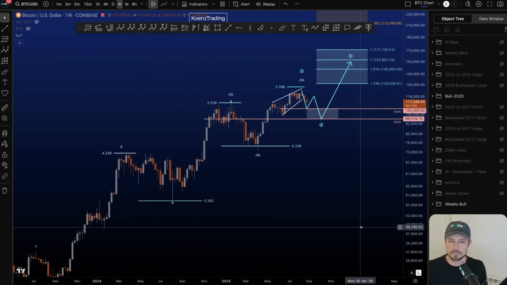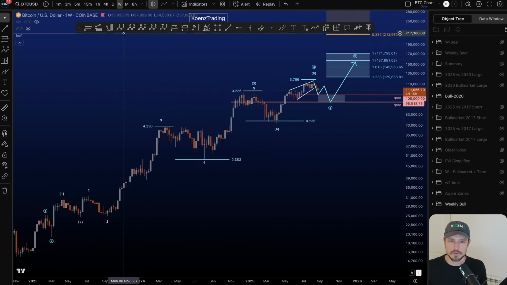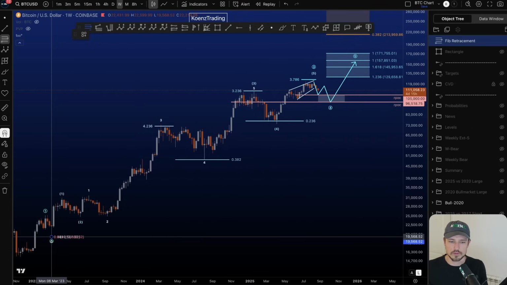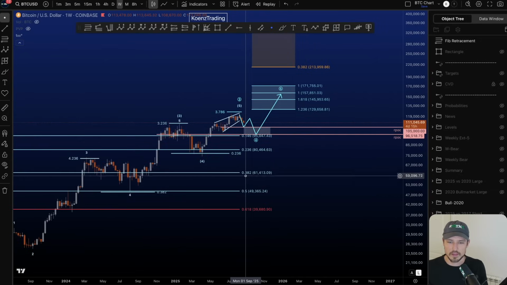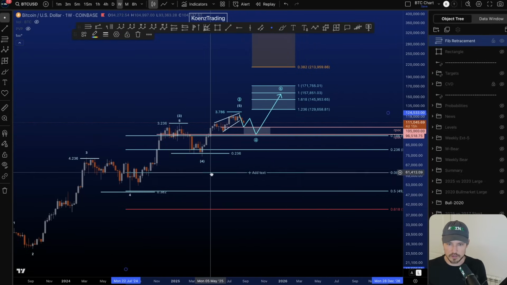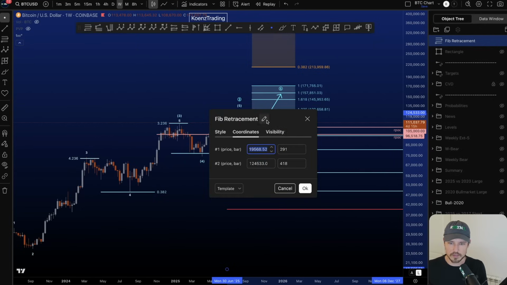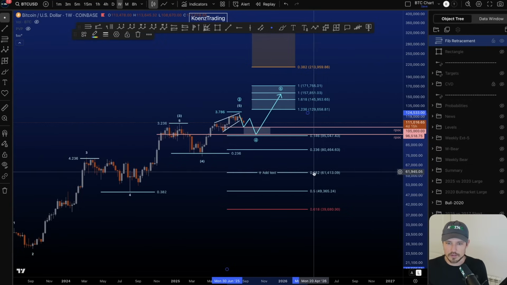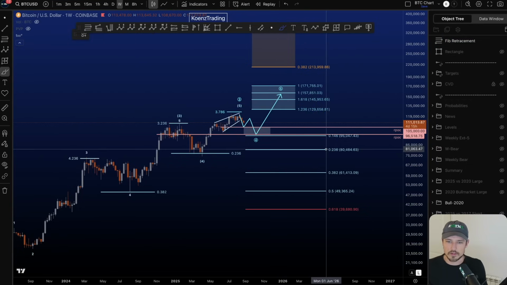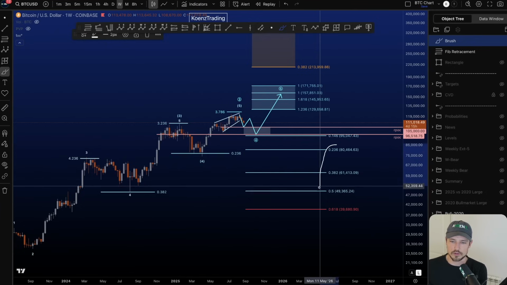Now, if we take a Fibonacci pull from the low of wave 2 to the high that we have of wave 3, and we toggle on the targets for wave 4 and make this one a little bit smaller here, then you can see that the most common target area, the 0.236 to the 0.5, is actually quite deep.